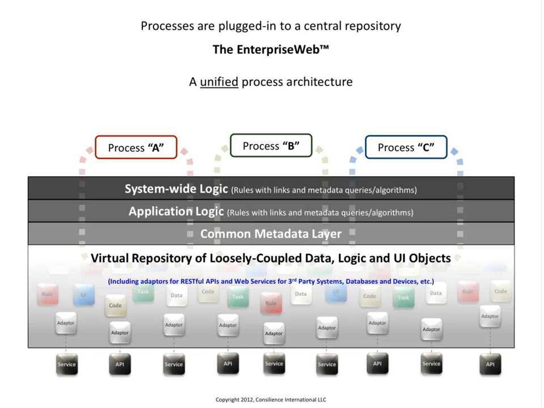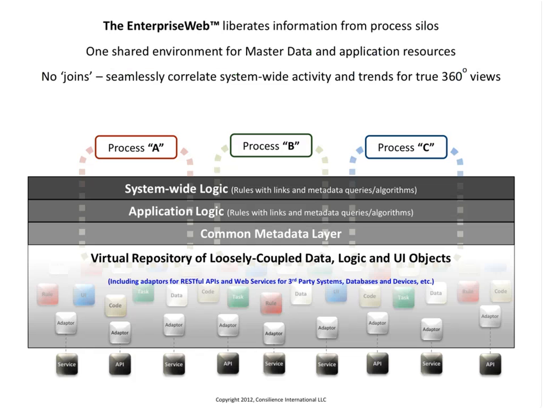This nets us a lot of capabilities. It liberates the information from process silos. That means that information can be shared seamlessly across processes. That's something very hard to do in applications traditionally. In our system, it's very easy to do. So processes can be signaling each other very readily. It also means that, like I mentioned before, there are no joins.